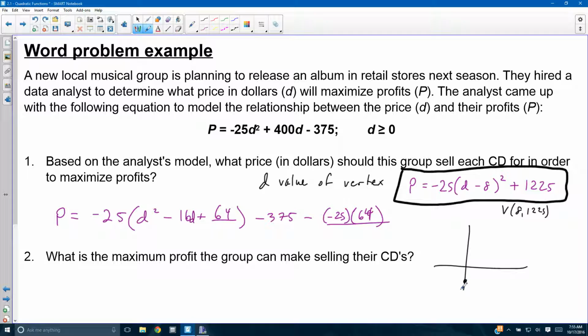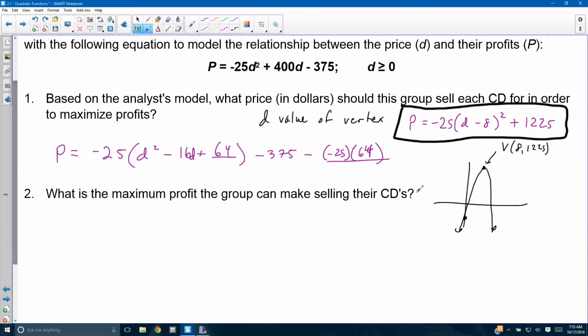So it's crossing here, going way up here, hitting the vertex and coming back down. This point is my vertex, (8, 1225). What I'm looking at regarding the graph is this is the dollar amount I should set, 8 obviously, and this is the profit I make. So you can see I'm maximizing profits if I set it at $8.